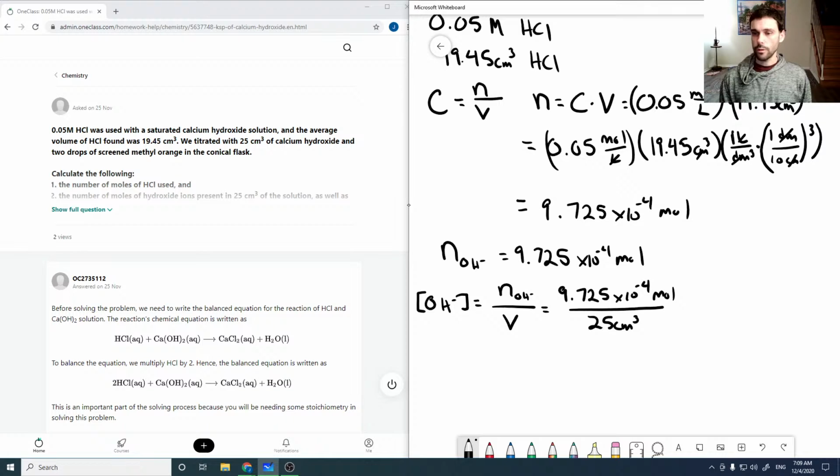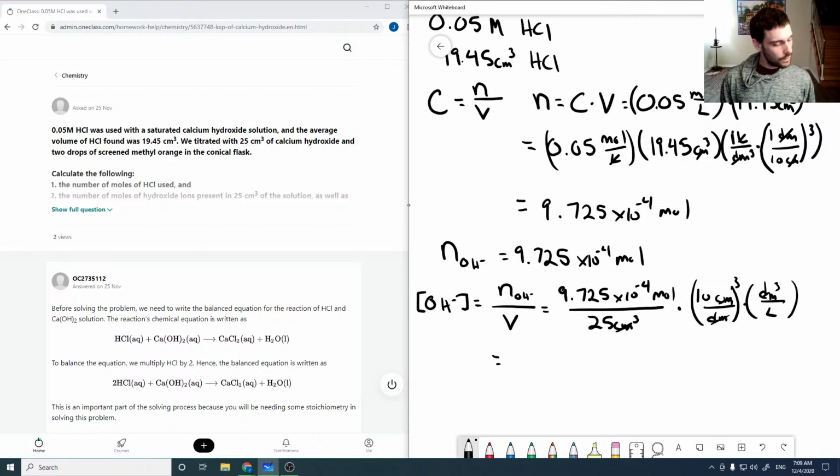And again, we're going to need to multiply by 10 centimeters per decimeter cubed, and a decimeter cubed is a liter. So that'll cancel these decimeters, this will cancel the centimeters, and we're going to end up with moles per liter, which is what we want.